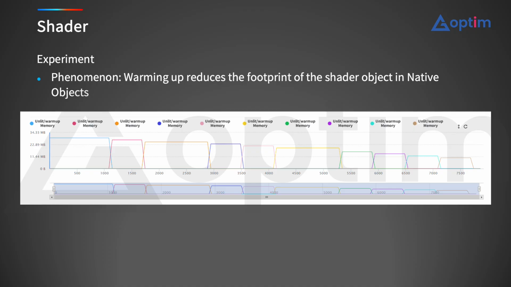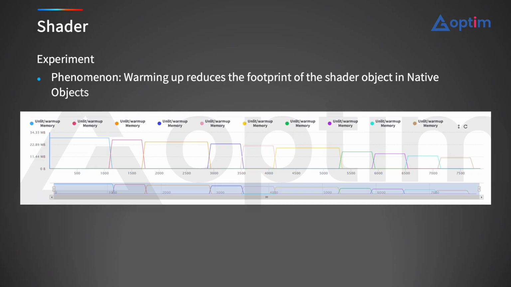Regarding the earlier point that pre-warming can reduce the runtime memory usage of the shader itself, we can look at a memory change curve captured by the GameOptim online memory profiling tool. Our tool identifies resources as the same if they share the same name, same memory usage, and some identical properties. The shader phenomenon is actually quite special as it breaks this mechanism.